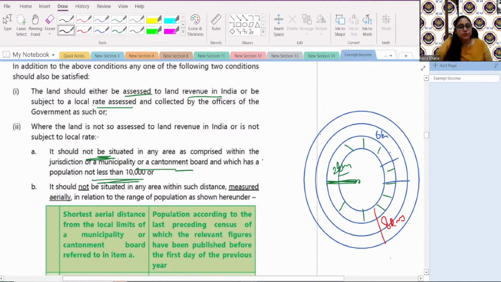That means any land situated here and the farm building on such land would not qualify as agricultural income. I'm not talking about agricultural income altogether being disallowed if cultivation is happening on such land. I'm talking about the farm building on such land not qualifying as agricultural income.